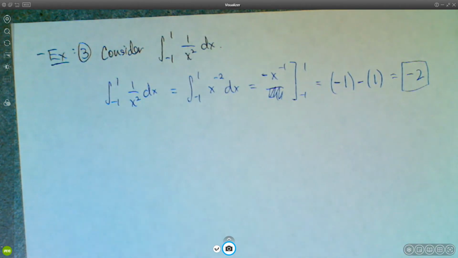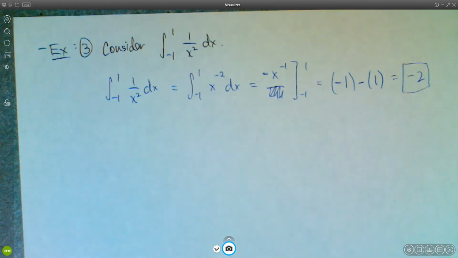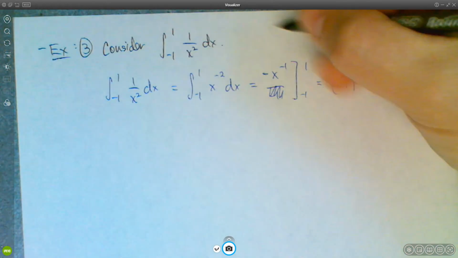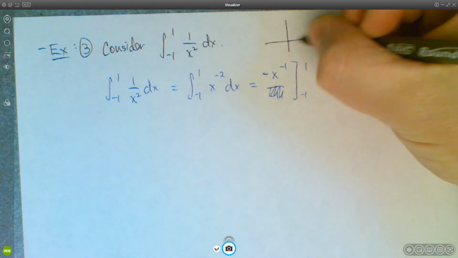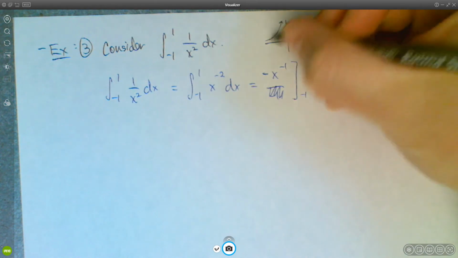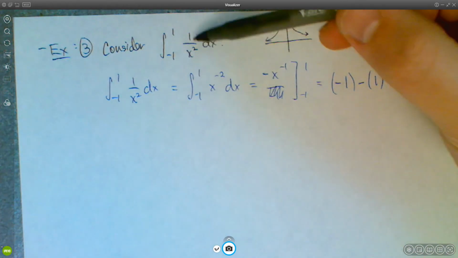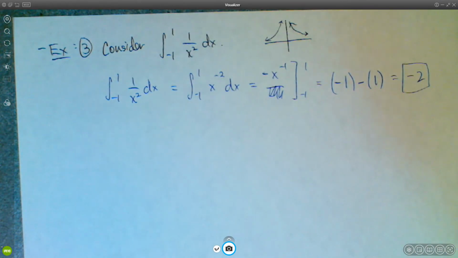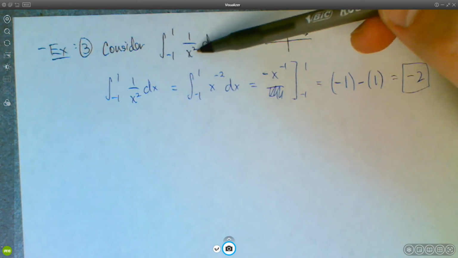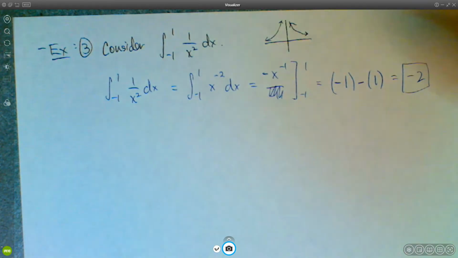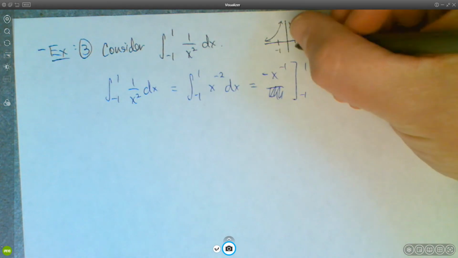But if you think about that, it doesn't make any sense, right? Because here's what the graph of 1 over x squared looks like. Okay, it looks something like this. Definitely you can tell that 1 over x squared is always positive, right? Because if you plug in a negative value, well, you're going to get a positive value out, right? So, you know, let's say that -1 is here and +1 is there.